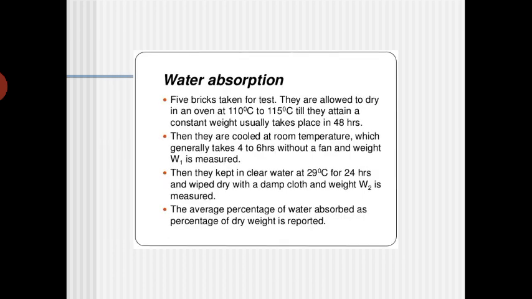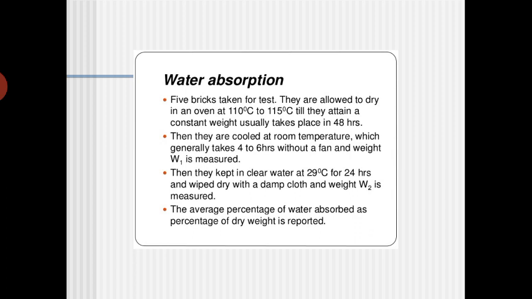Then water absorption. Here also you have to take 5 bricks. They are allowed to dry in an oven at 110 degrees centigrade or 115 degrees centigrade till they attain a constant weight, which usually takes 48 hours. For water absorption, you select bricks randomly here also, as discussed for compressive strength.